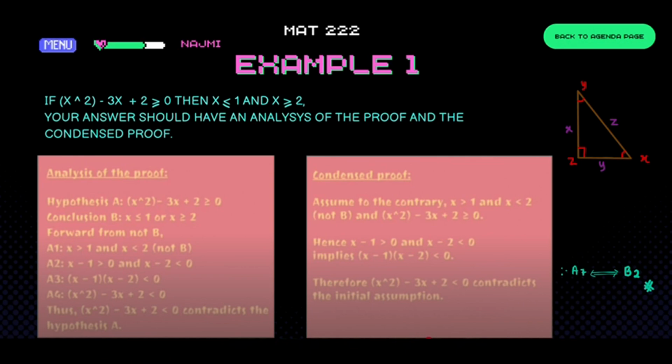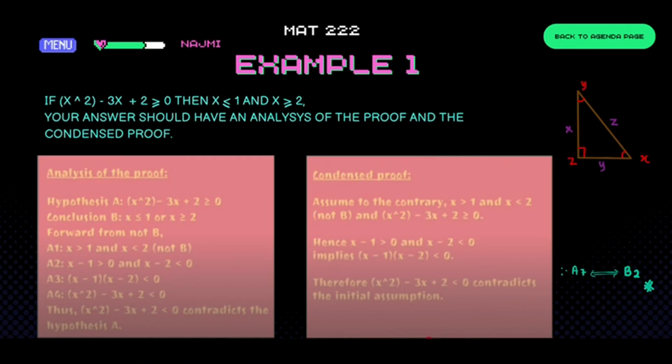We can take it forward for not B. A1 is x greater than 1 and x less than 2. This statement is not B. A2 is x minus 1 greater than 0, x minus 2 less than 0. For A3, x minus 1 times x minus 2 is less than 0, and A4, x squared minus 3x plus 2 is less than 0.